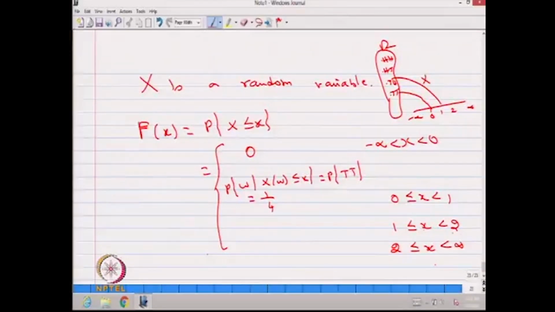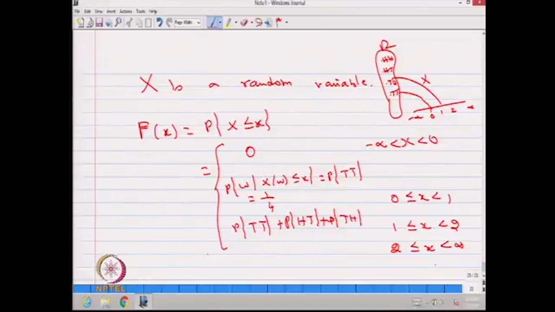When x lies between 1 and 2, that is nothing but a collection of possible outcomes which gives the values X(ω) less than or equal to x. Here it is going to be P of TT plus probability of HT plus probability of TH.